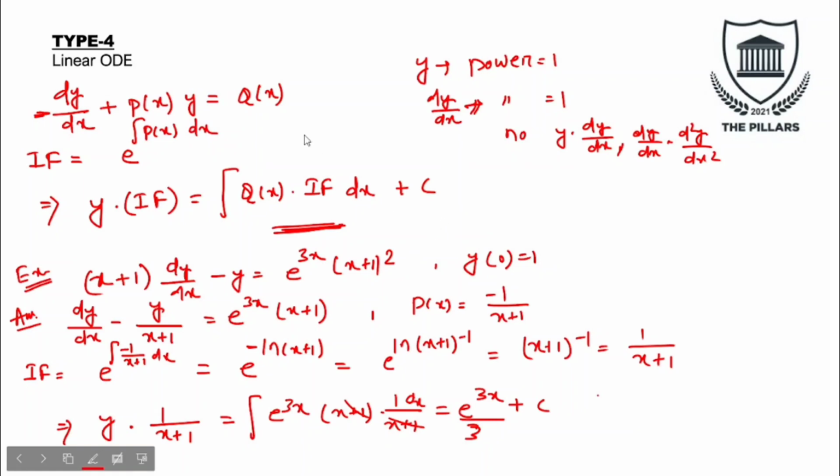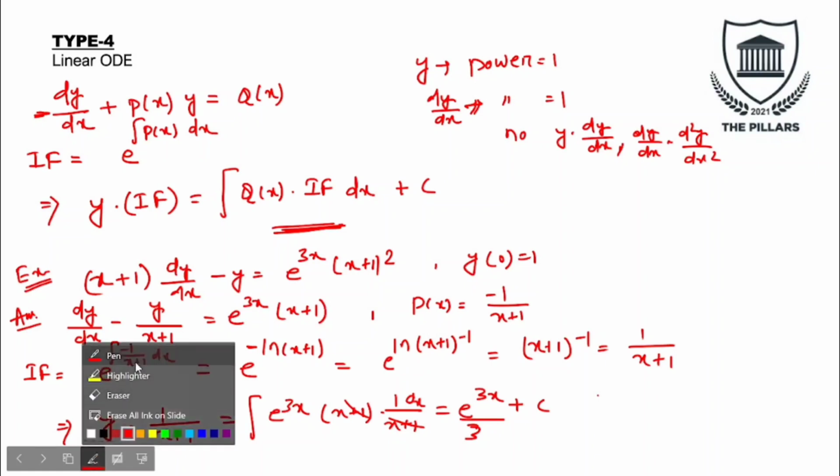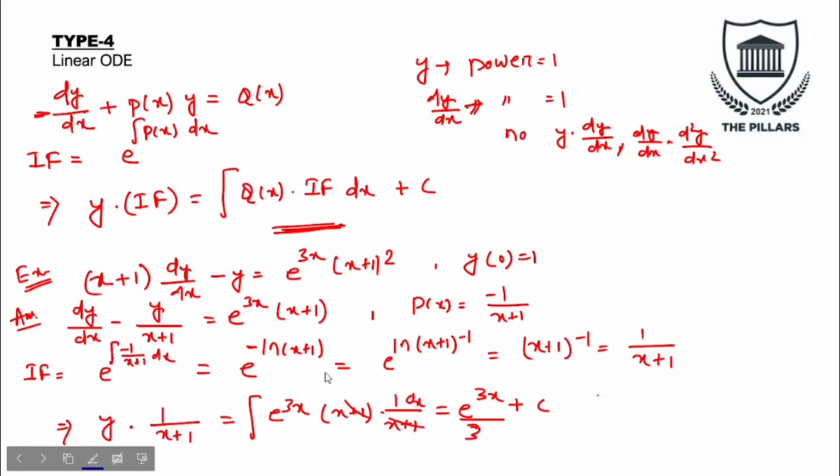whenever there is a linear ordinary differential equation, this should be satisfied. Let me just change the color of the pen here. Yeah, so the general form of the linear ordinary differential equation is this one.